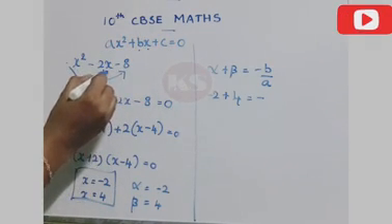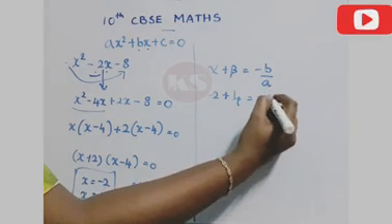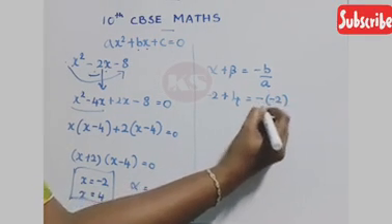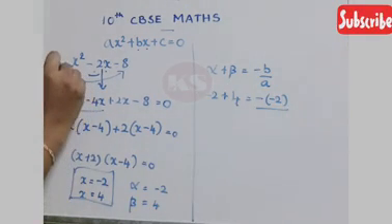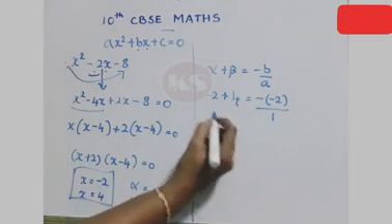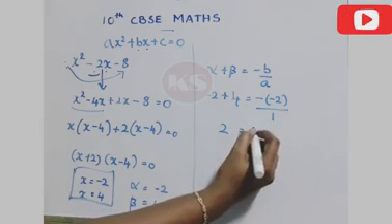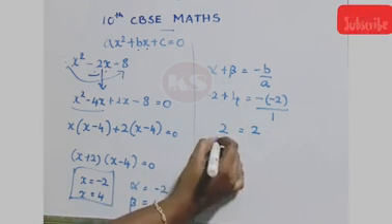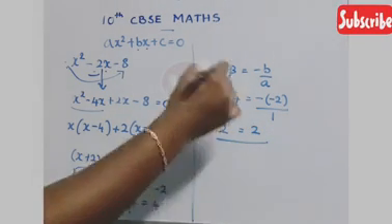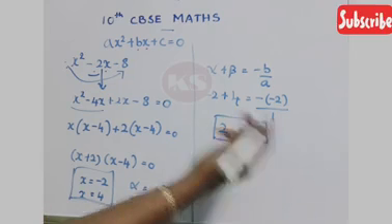So here the coefficient of x is minus 2. So minus of minus 2 divided by a, which is 1. So minus 2 plus 4 is 2, and minus into minus is plus, so 2 by 1 is 2. This satisfies the relationship. So 2 equal to 2, it's verified.